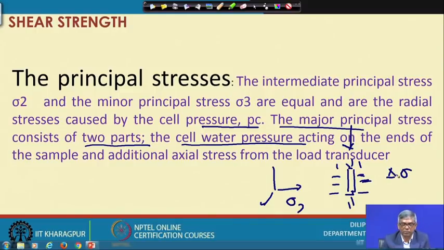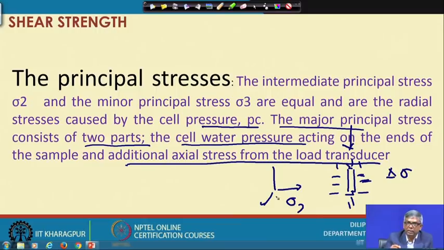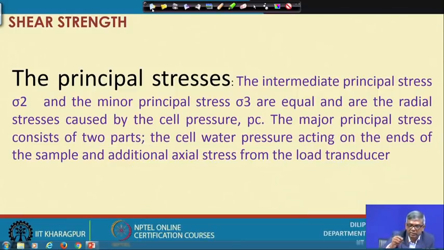These two components become the total sigma 1. Then I can show you how this can be related, how sigma 1 and sigma 3 are related to the additional axial stress. That can be seen in the next one.